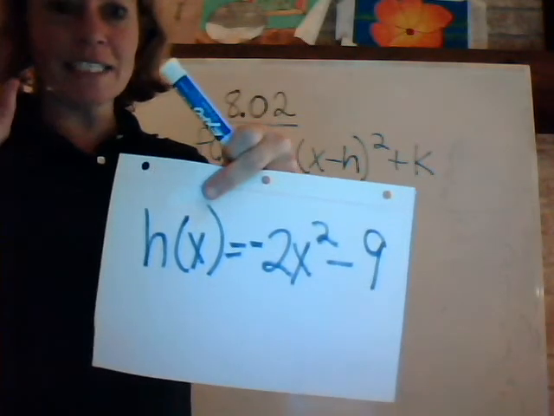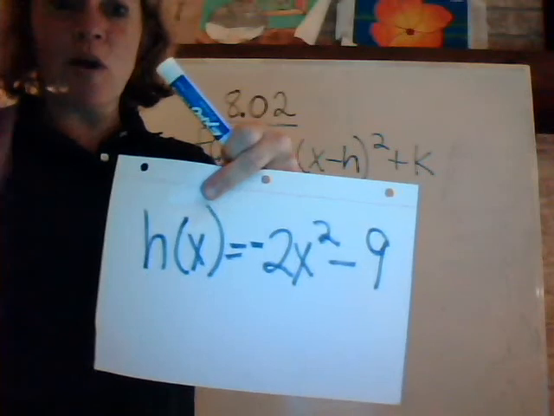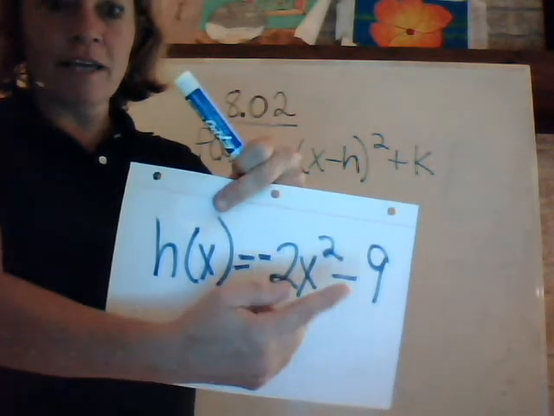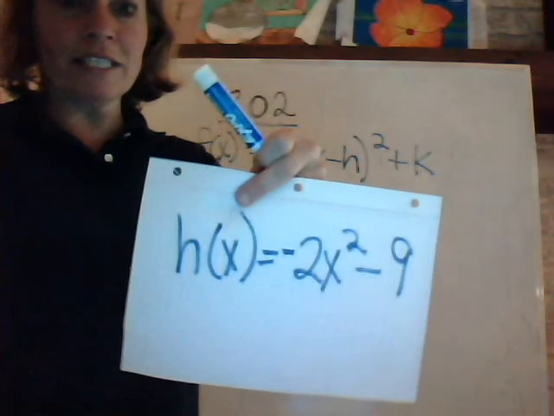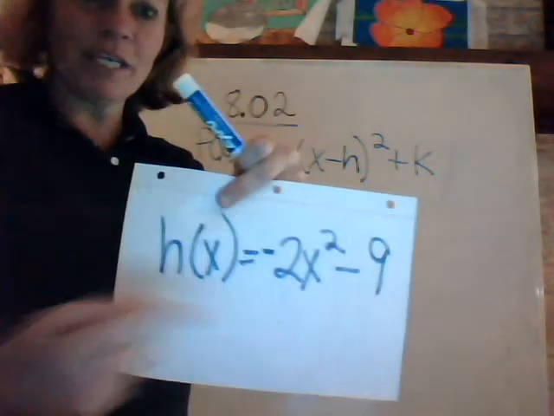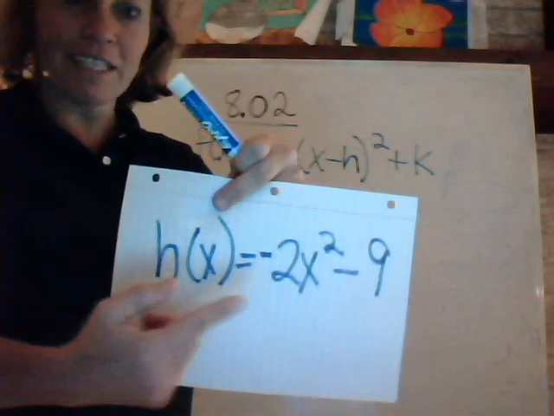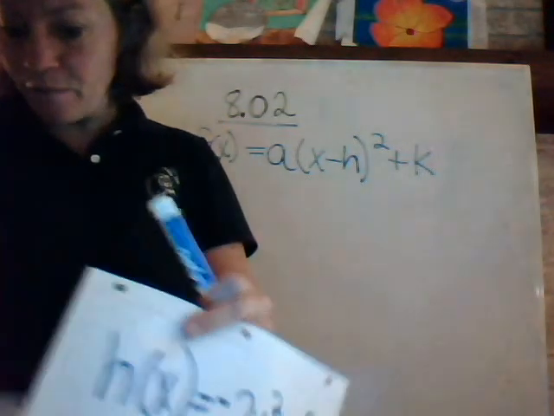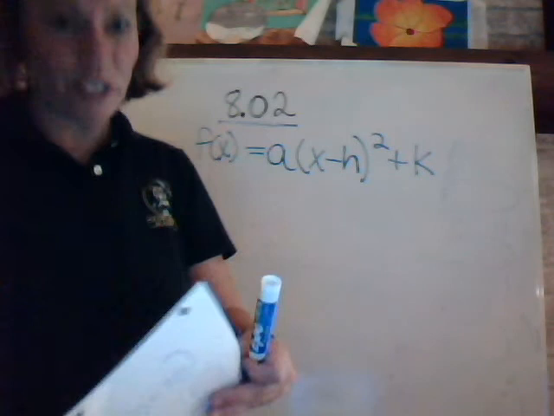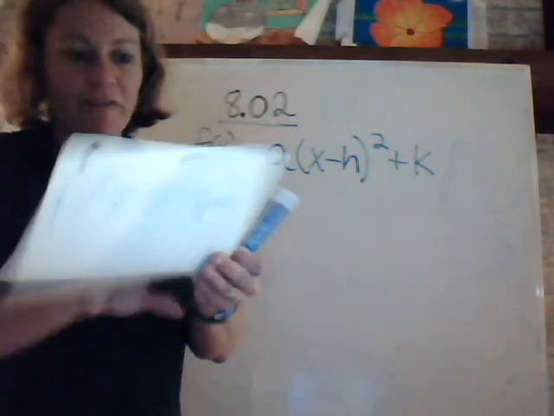And k is negative 9. So our vertex is at 0, negative 9. Which way does this face? Up or down? It faces down because a is negative. Okay. So those are a few of the functions that are in there, and there's one more you can try, which is just the parent function.